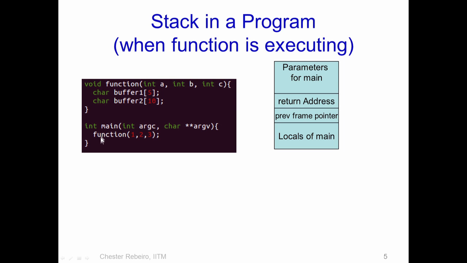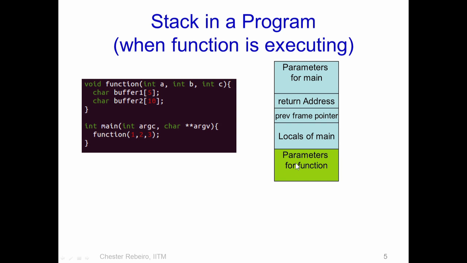Now, when main wants to invoke this function, that is function with parameters 1, 2 and 3, it begins to push something onto the stack. So, what is pushed onto the stack we will see now. First, the 3 parameters 1, 2 and 3, which are passed from main to the function, are pushed onto the stack.